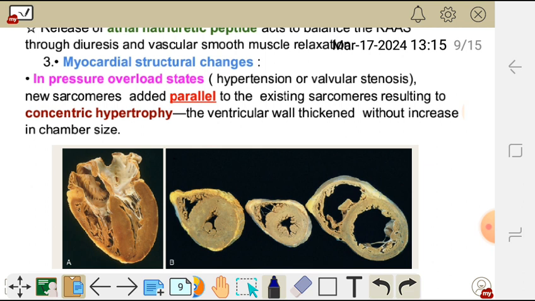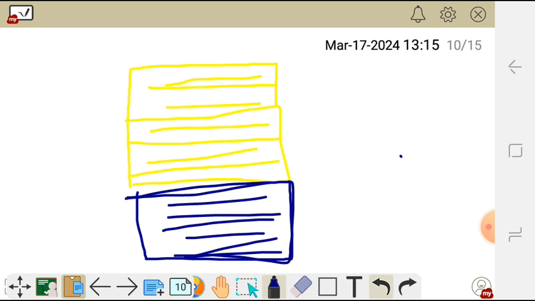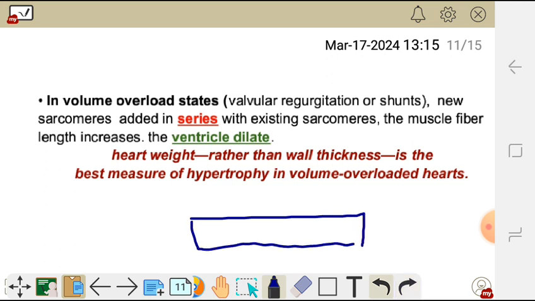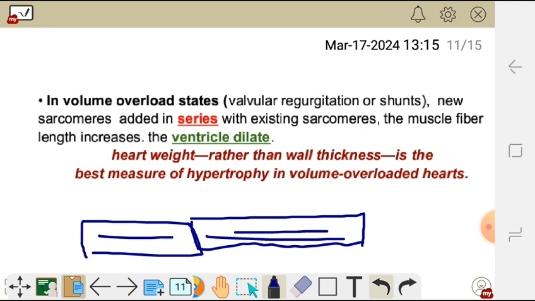Apart from the consequence of pressure overload, we can also have a volume overload state. In volume overload state, the sarcomeres are added in series. So if you have a sarcomere ending from here like this, another one will be added this side in series.